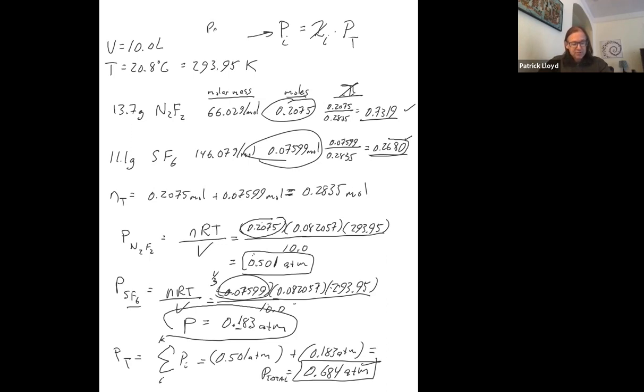So that's partial pressure, and this is total pressure. Same thing here, this is total, and this is partial. Part of the whole.